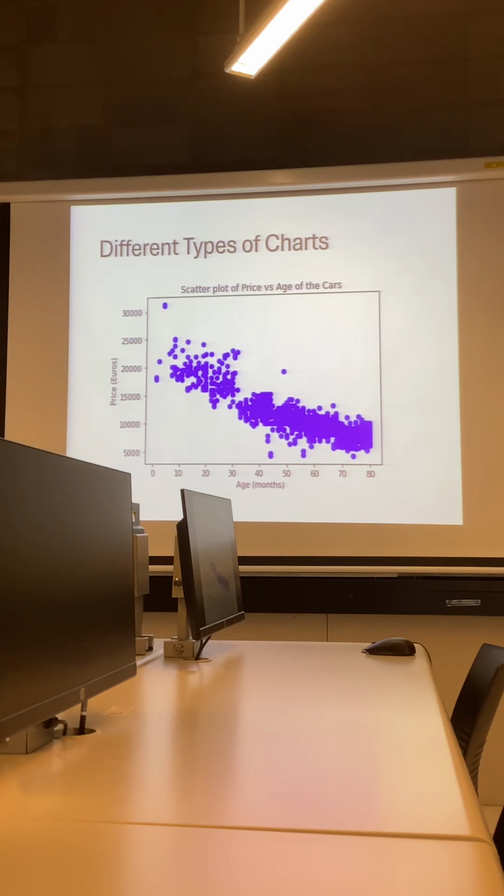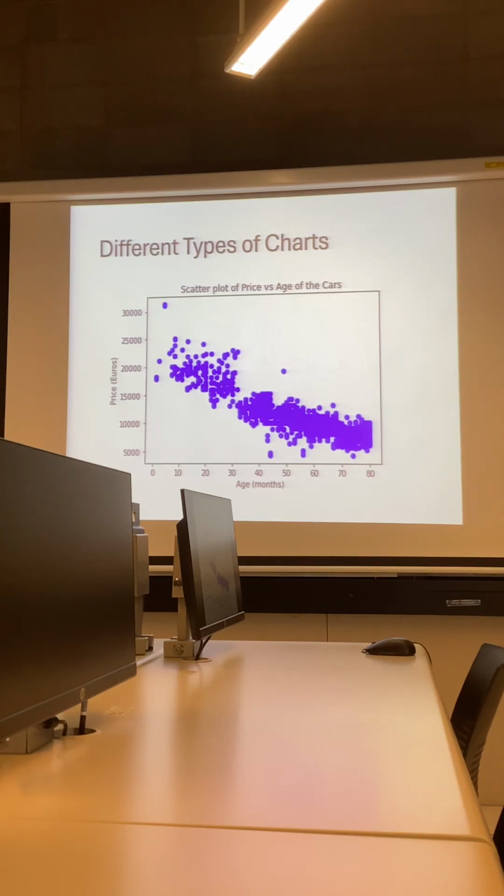If you look at this type of chart, if the age is 80 months, how much is the average price of the car? Lydia, how are you? Are you here? Take a look at the chart. What is the name of this chart? Right, scatter plot. Scatter plots usually compare two things. What things do they compare in this chart?